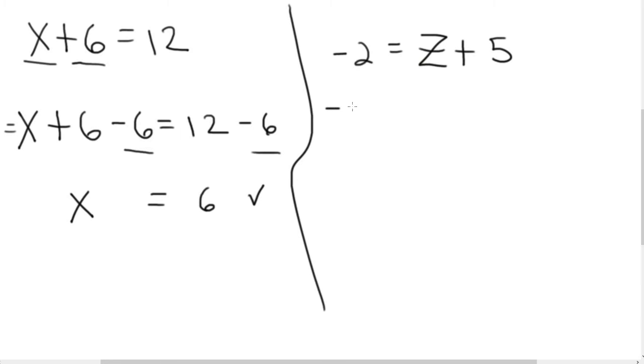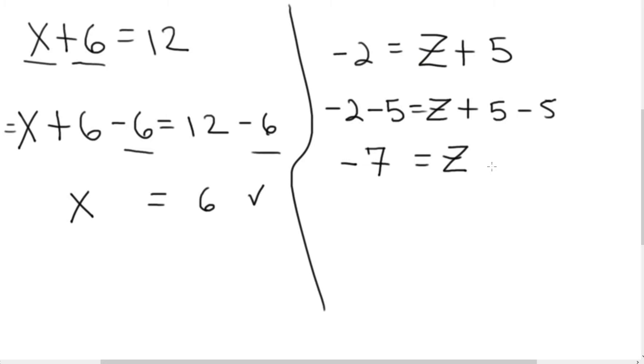I have negative 2 minus 5 equals z plus 5 minus 5. The 5's go away on the right side. All that's left is z. Negative 2 and negative 5 is just negative 7. So z plus 5 equals negative 2. That means that z equals negative 7.